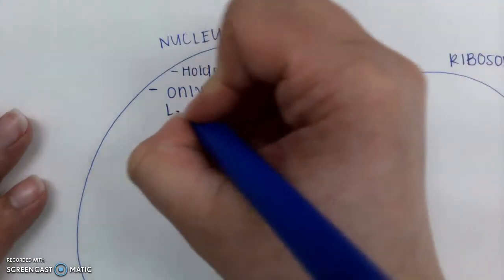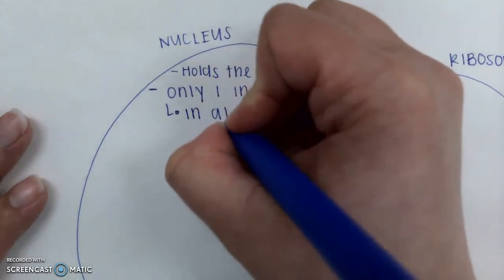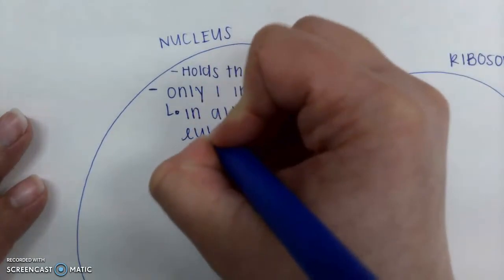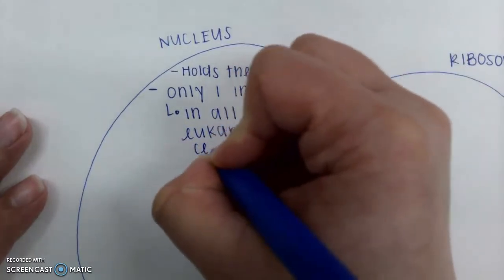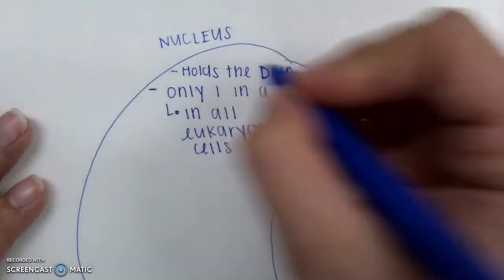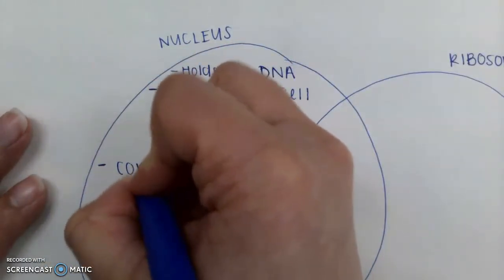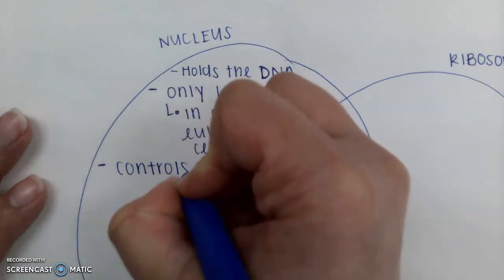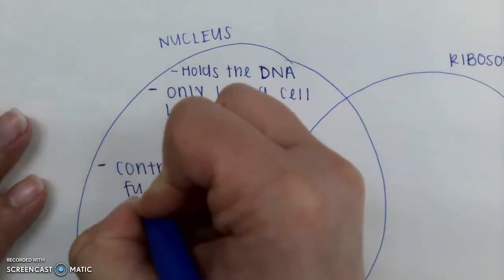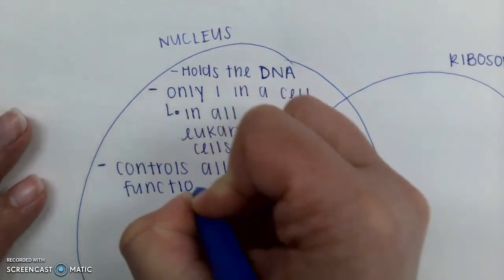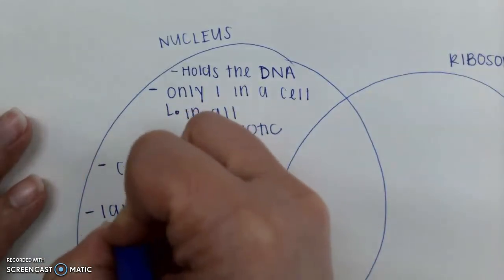Maybe I should say in all eukaryotic cells. Because it holds the DNA, we learned that it controls all cell functions. And from the pictures, we saw that it was pretty large.